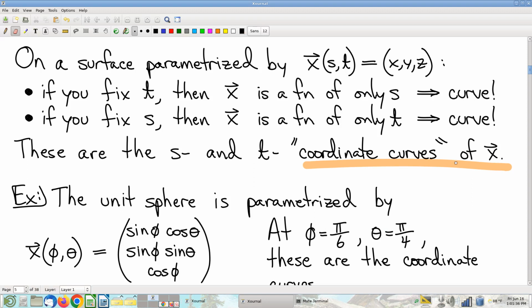It's a pretty simple idea, really. If you have two parameters, but you then fix one of them, let's suppose that we fix t. Suppose that I fix t. t is now constant. t is not allowed to change.